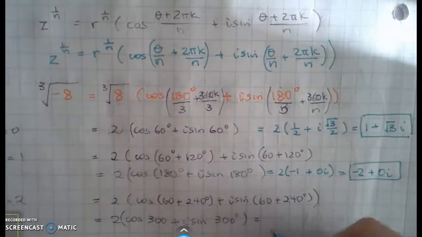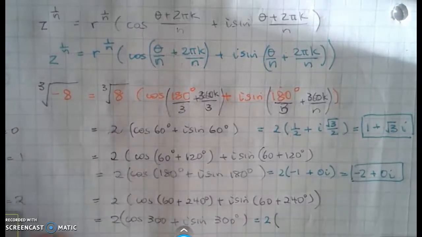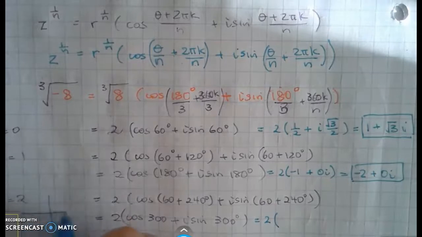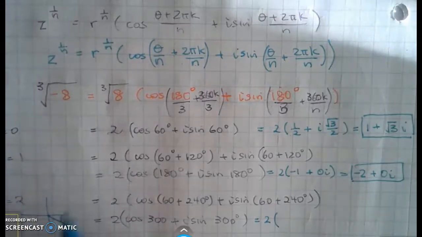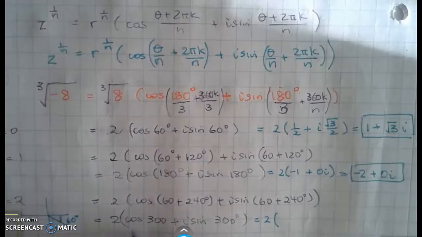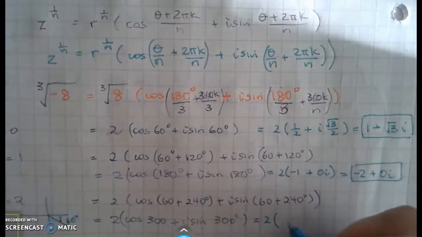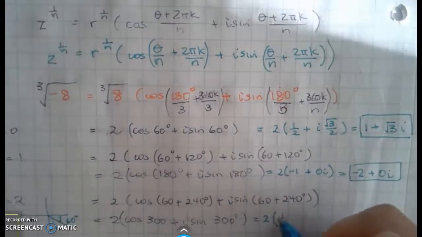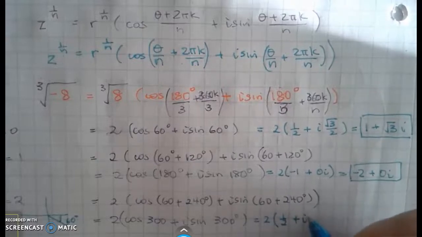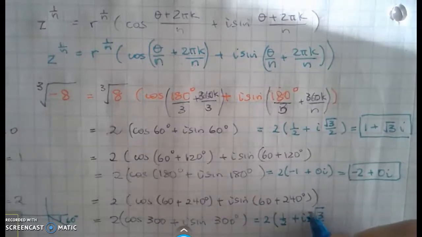And then finally, my third solution is 2 times cosine of 300 degrees. Again, go to your unit circle. 300 degrees has the reference angle of 60 degrees. And cosine in the fourth quadrant is going to be positive, so same as positive cosine of 60 degrees, and that is going to be half, plus i sine of 300 degrees is going to be root 3 over 2, except in quadrant 4 sine is negative.